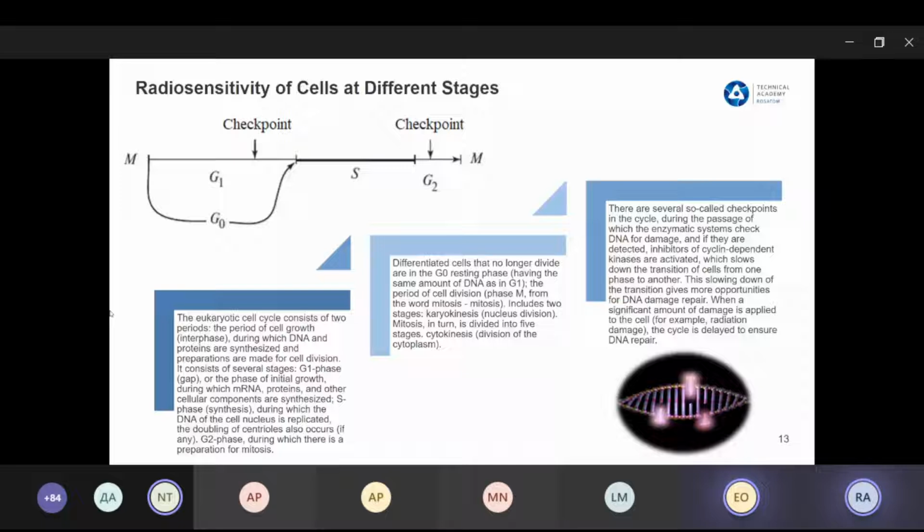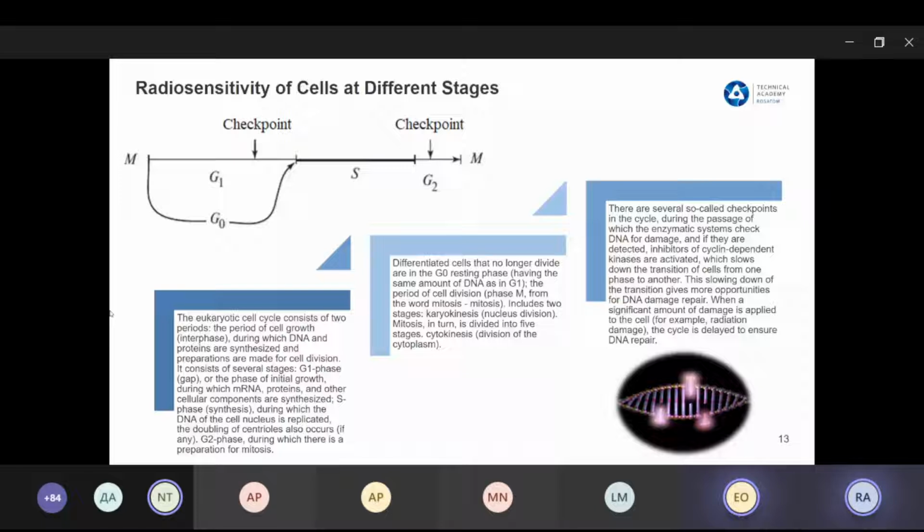G1 phase. G means gap in English, or the phase of initial growth, during which mRNA, proteins, and other cellular components are synthesized. S phase, from the English word synthesis, during which the DNA of the cell nucleus is replicated.